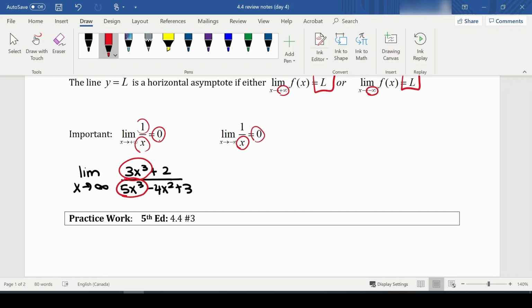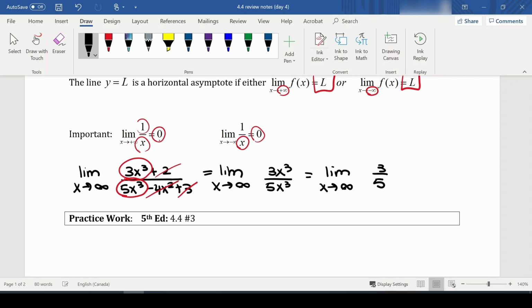As x gets very large, the 2 is not going to matter, that 3 is not going to matter, and the 4x squared on the bottom also does not matter. So this is equivalent to the limit as x approaches infinity of 3x cubed over 5x cubed, which would be the limit of 3 over 5, because these x cubes can cancel out. And remember, the limit of a constant is just a constant. So this would be 3 over 5.